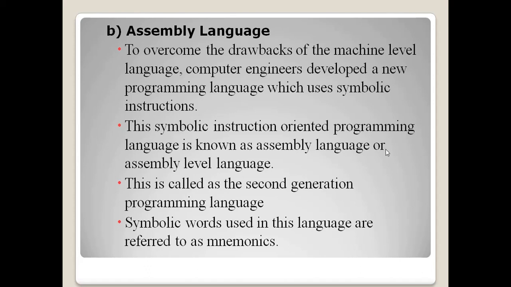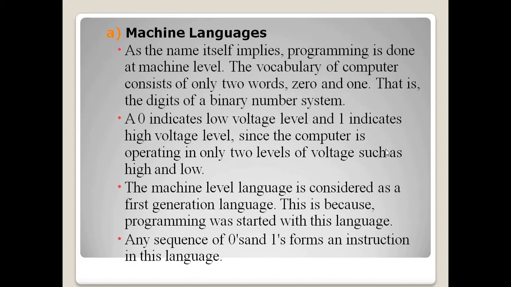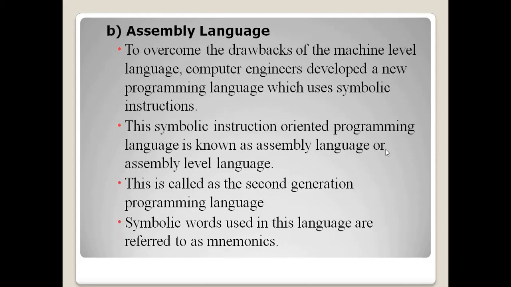So to overcome the problem, the computer engineers designed symbolic instructions in assembly language. The symbolic instruction oriented programming language is known as assembly language, and this is called second generation programming language.